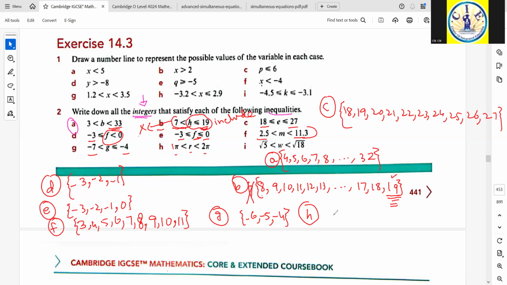So the values of r should be integer values greater than 3 and lesser than 6.28. So start from 4, then go till 5, and the integer 6 is lesser than 6.28, and the integer greater than 3 is 4. So we start from 4 and end till 6. So that is the answer to part H.